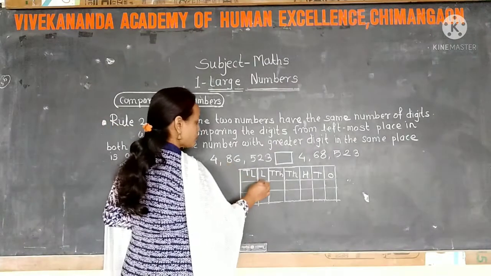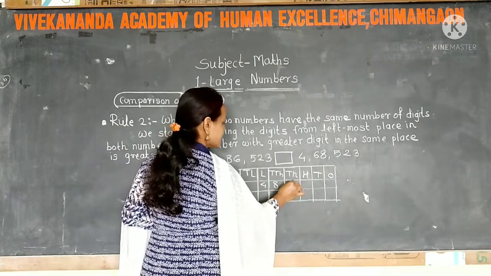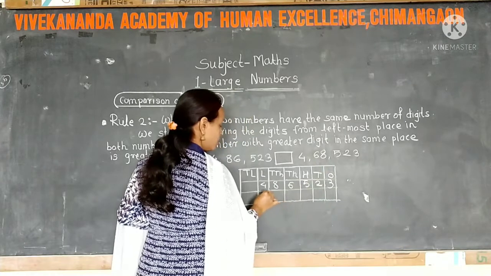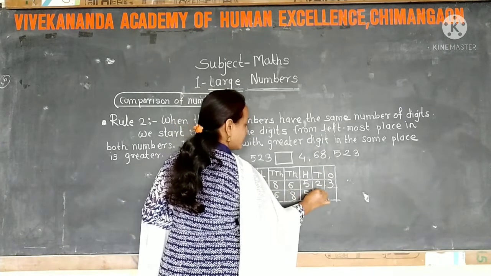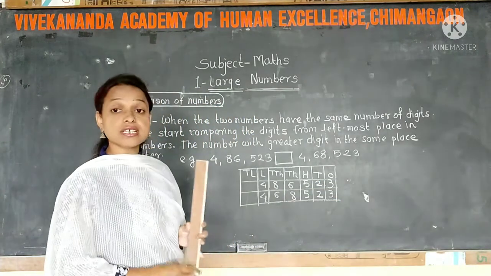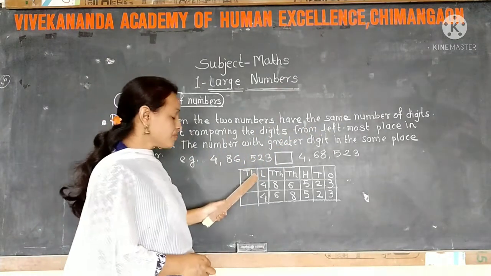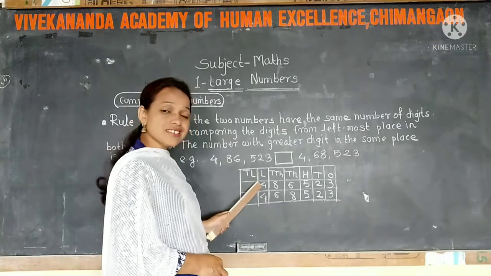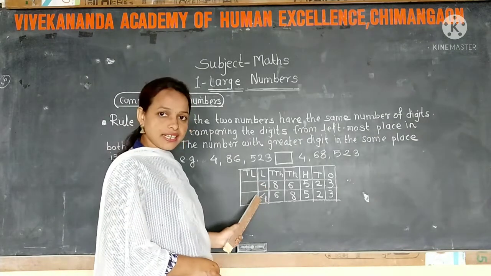So here 4,86,523 and here 4,68,523. We have to start from the leftmost place in both numbers. The leftmost place is the lakh place. If you observe, the lakh digit of the first number is 4 and the lakh digit of the second number is 4.